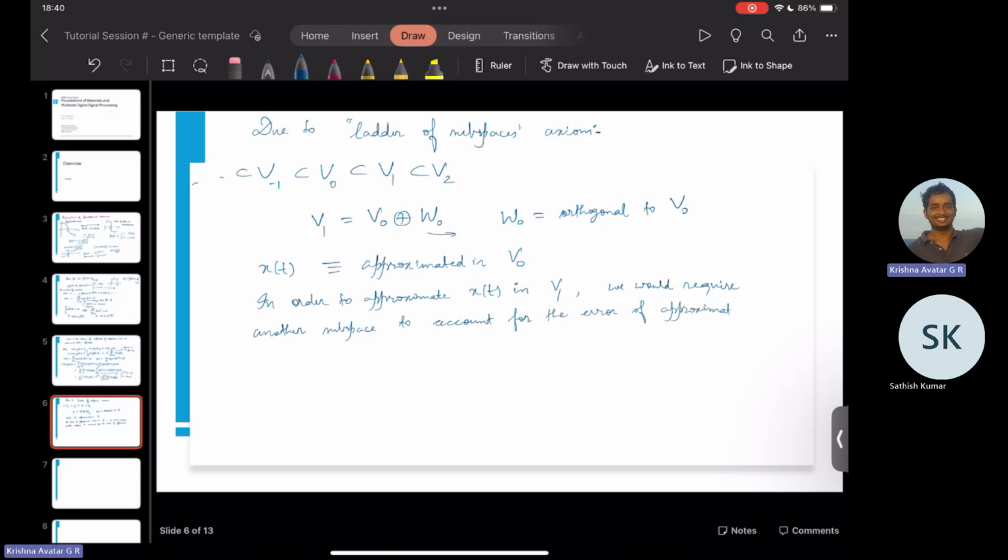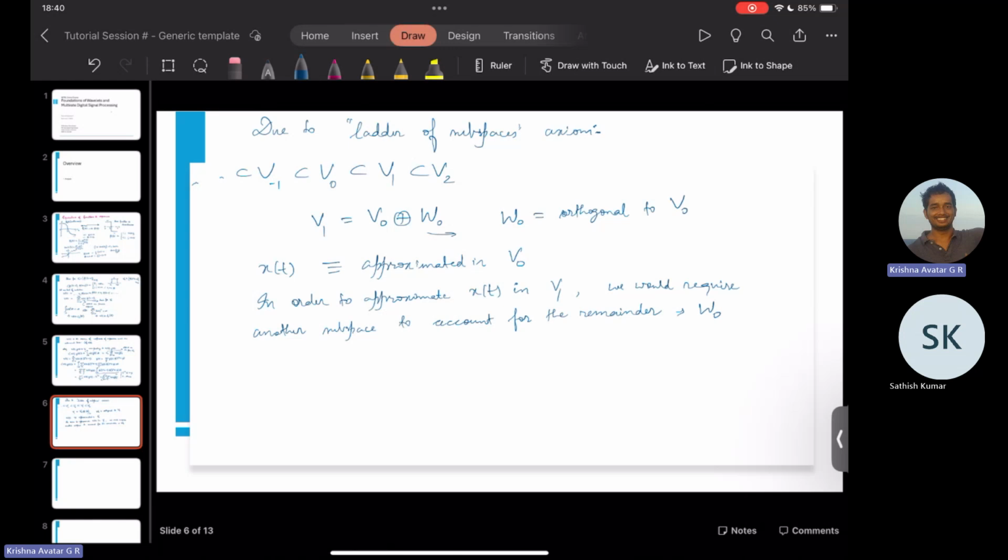Or rather, rather than error, we can call it the remainder of the signal. And that is where this W naught comes into the picture.